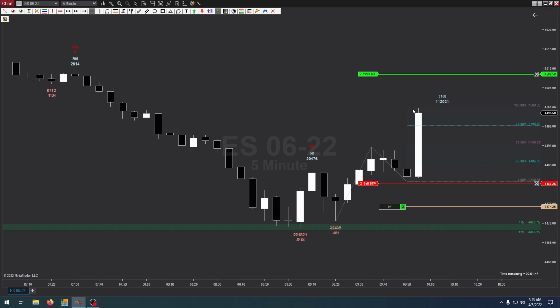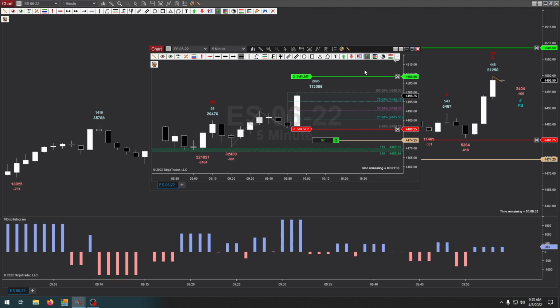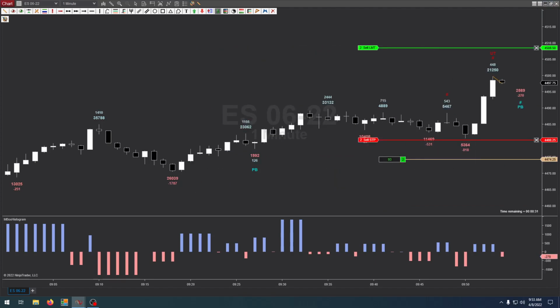And I should have my target right here. I'm debating whether to put it there or not, so I'll leave this here, because basically this geometric pattern has been completed.